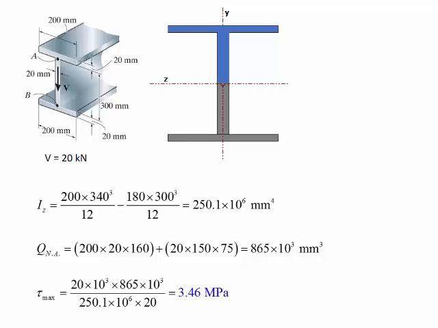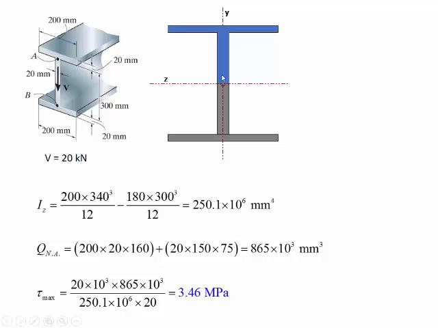We put these quantities into the shear stress formula, knowing that the maximum shear stress happens at that neutral axis. So we have the shear force, 20, I'm converting it into newtons, so this is why it's multiplied by 10 to the 3, multiplied by the first moment of area, divided by the moment of inertia, and then the width over which the shear stresses are distributed.